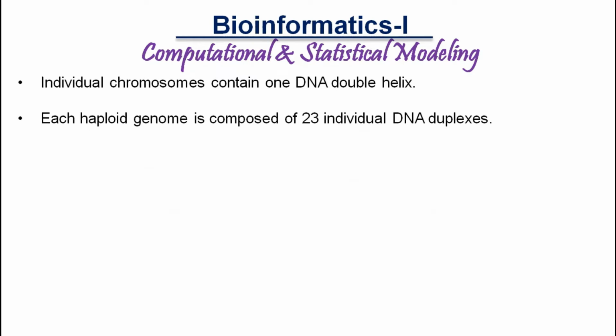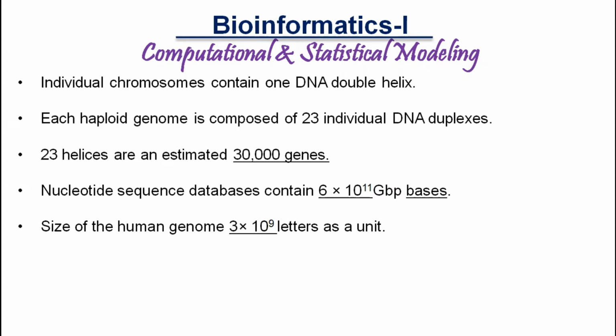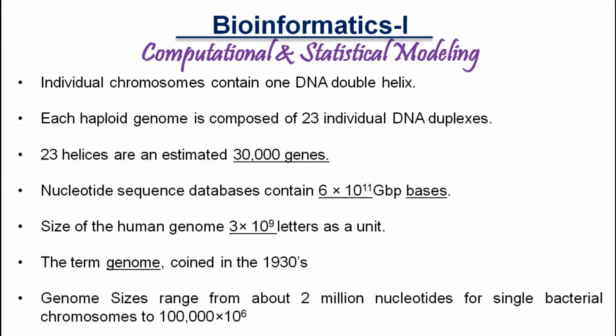So a human being has 46 chromosomes, or we can say 23 pairs of DNA double helices, and these contain an estimated 25,000 up to 30,000 genes, and the nucleotide database consists of billions of gigabases, and the size of the human genome is up to 3 billion letters. You should also know that the term genome was coined in the 1930s, and it refers to the genes present in an individual. So genome size ranges from 2 million up to billions.